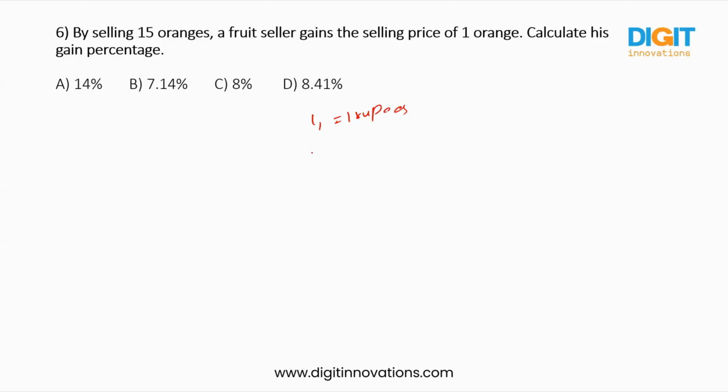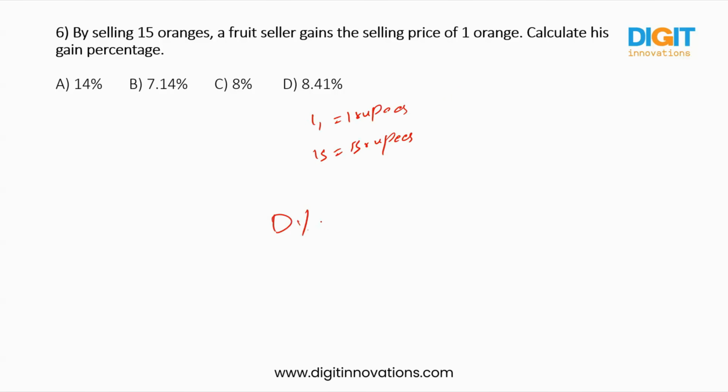So 15 oranges would be 15 rupees. So the fruit seller sold the oranges for 15 rupees only, but he sold only 14 oranges in that. Not the complete oranges, he only sold 14 oranges. So that means for one orange cost, he got profit, right?